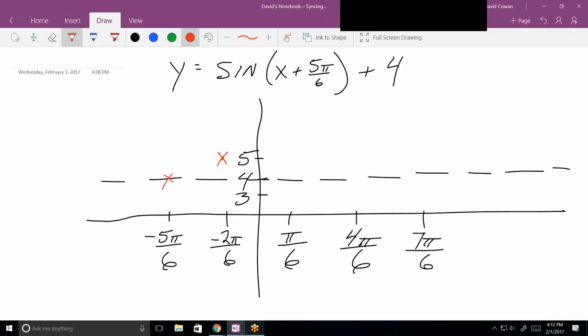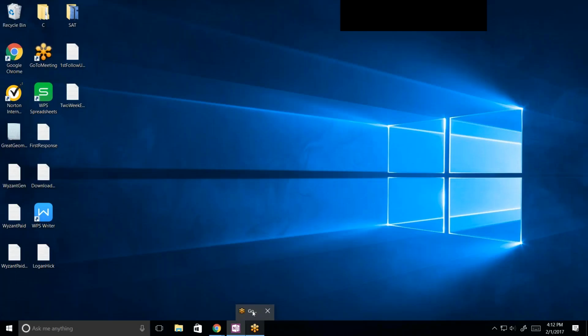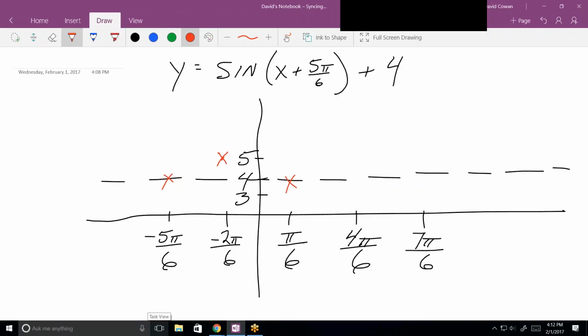At the second quarter point, I come back down through the line of symmetry right there. At the third quarter point, I go down to my minimum value, 3. And at the fourth quarter point, I come back to the line of symmetry. So that curve looks like that.